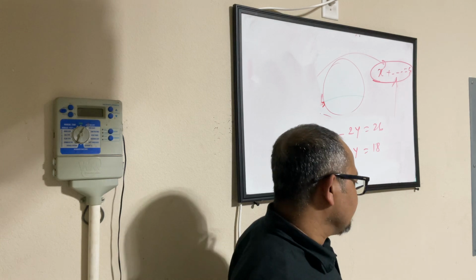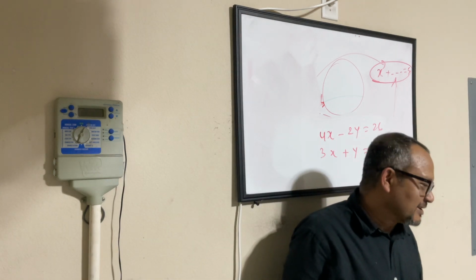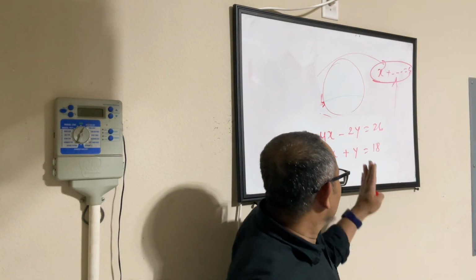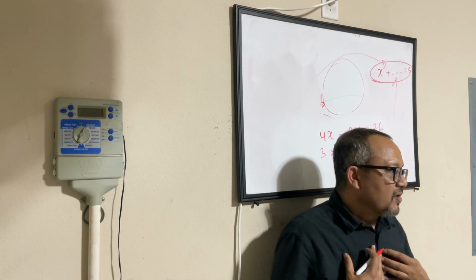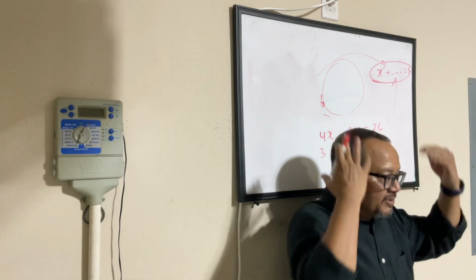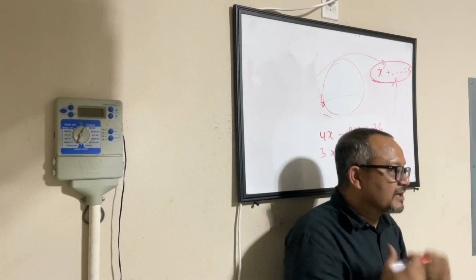Don't try solving it, I'll give you the opportunity. If I have these two equations, how would I build a story for myself? How will I convince myself that I'm ready to do it?